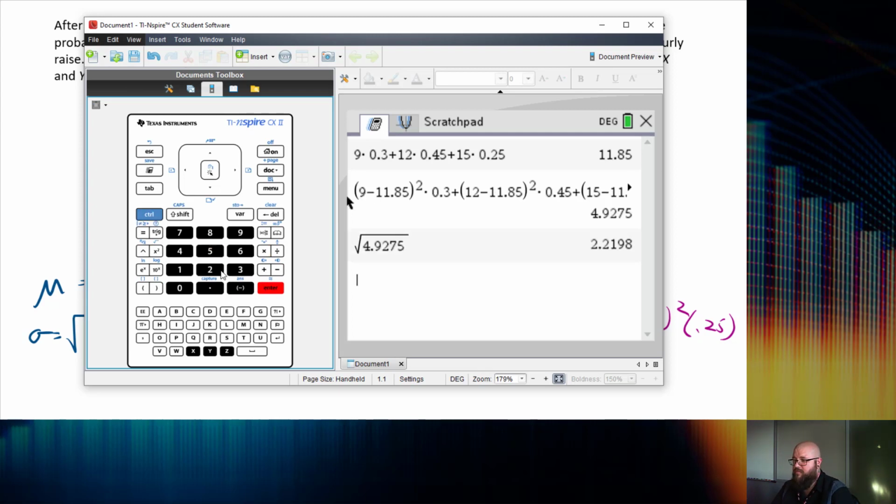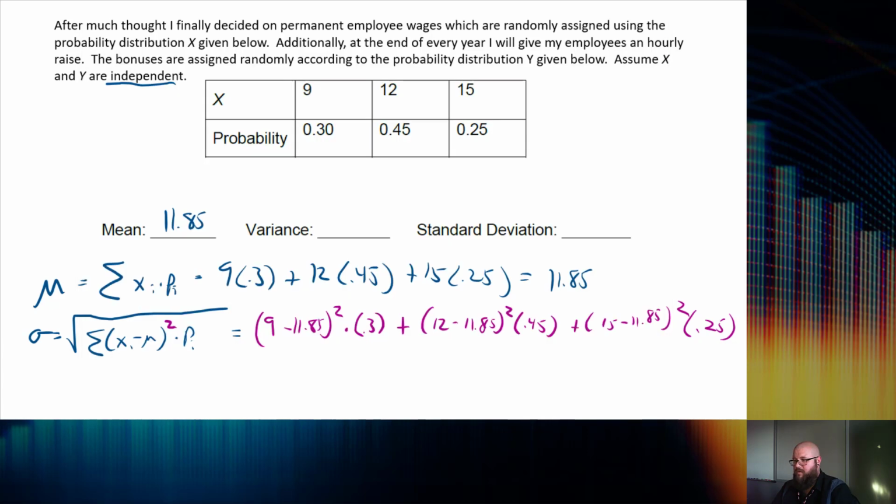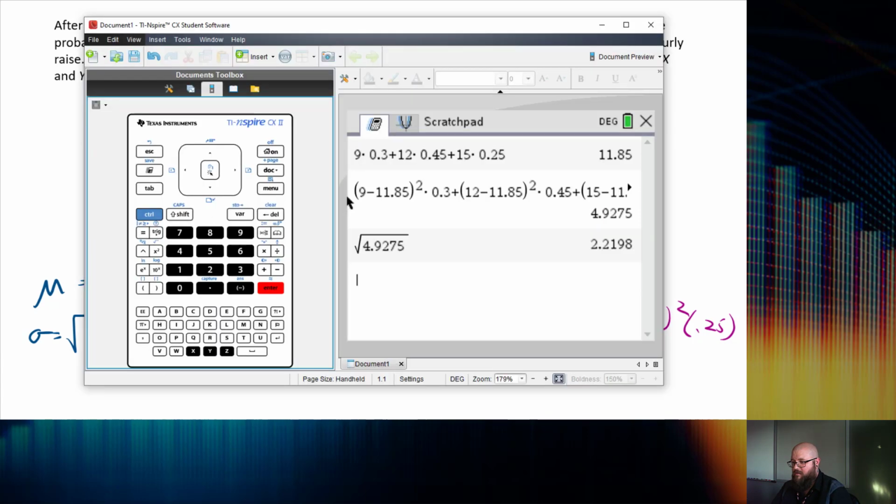All right, so we should get 2.22. Now to get our variance, it's simply your standard deviation squared. If we square that value, in other words, if we just don't take the square root, you should get 4.93.